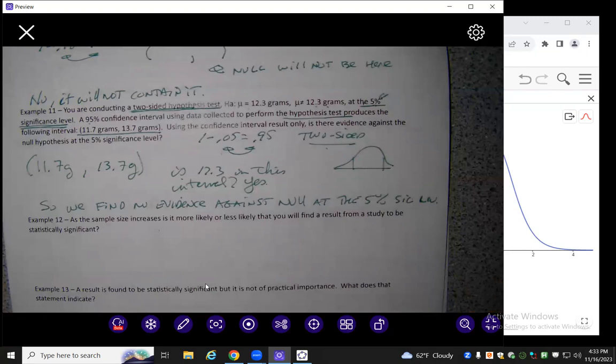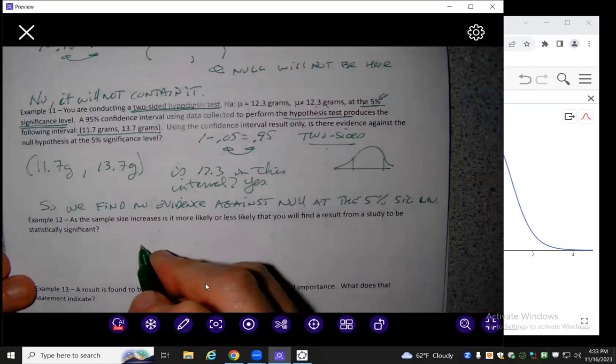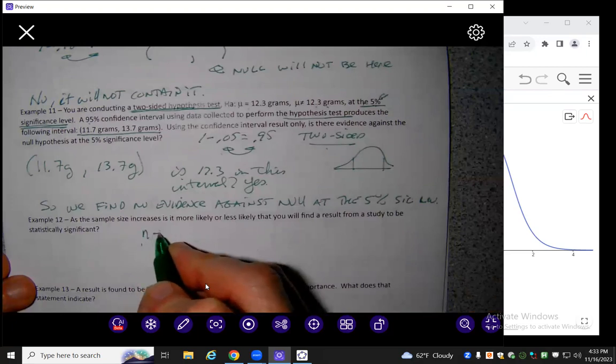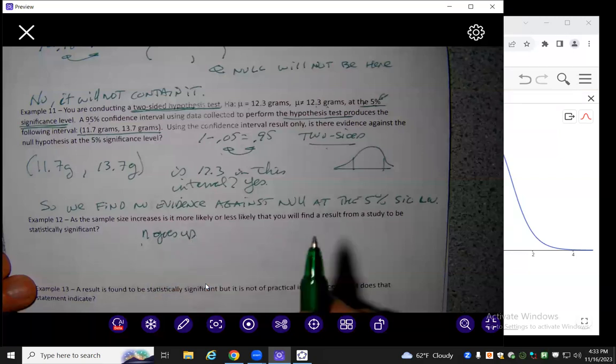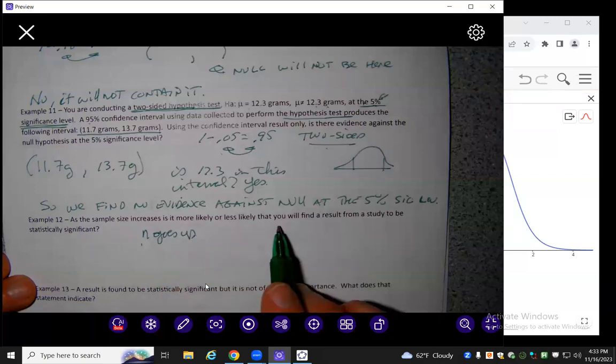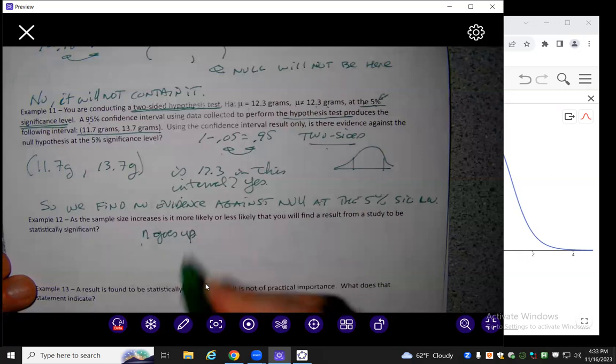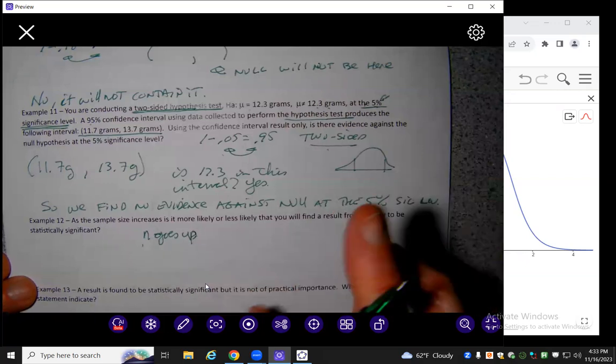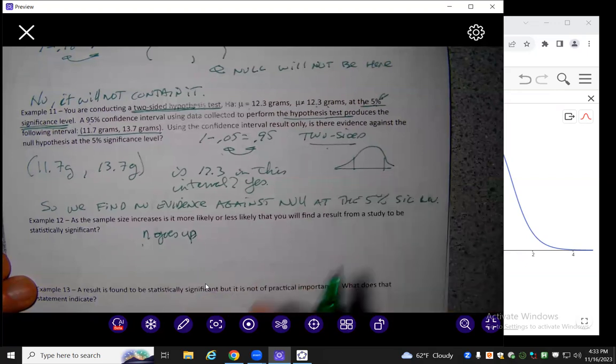result from a study to be statistically significant? Okay. So as the sample size increases, so n goes up, is it more likely or less likely that you'll find the result from a study to be statistically significant? This is a good question, and it goes back to putting all this together.